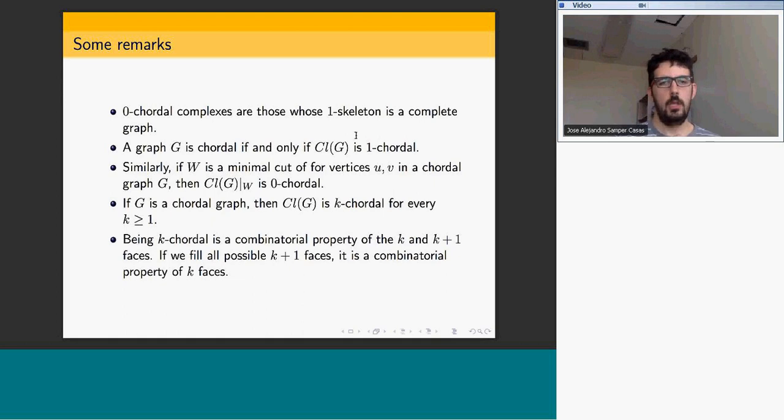Okay? For a graph G to be one chordal, the relationship between graphs and this notion of chordality is that a graph is chordal if and only if its clique complex is one chordal.